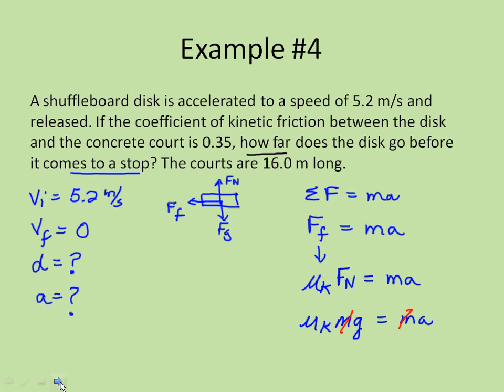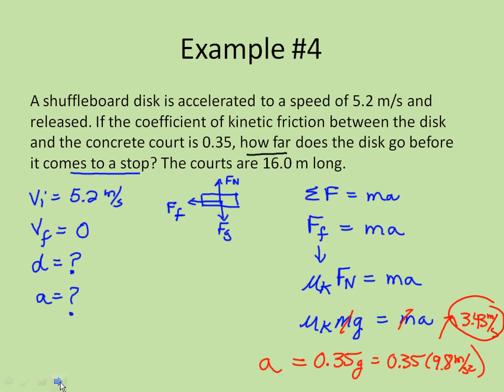We know what mu k is, we know what g is, we can find A. Mu k was 0.35, and remember, g is 9.8, so I'm going to say 0.35 times 9.8 meters per second squared. And that is going to give us our A. I'm sorry, I ran out of room, but when you calculate that out, you get 3.43 meters per second.